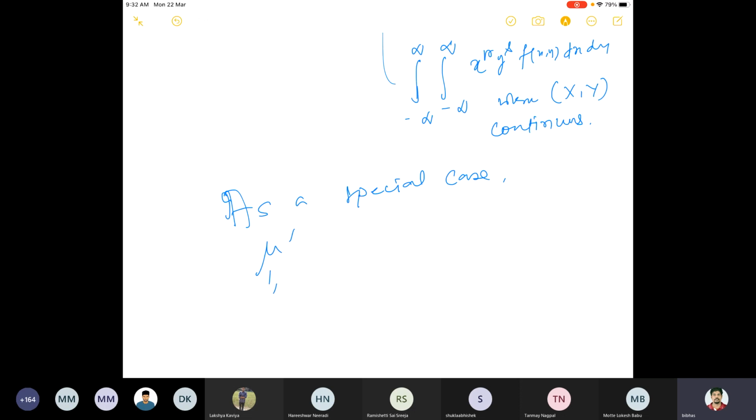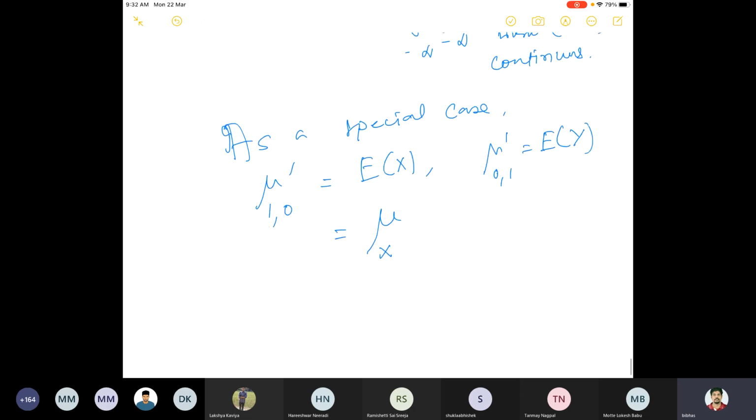Mu dash 1 comma 0 is E of x, and mu dash 0 comma 1 is equal to E of y. We will denote this not as mu but as mu x. So this is the expectation of the random variable x, or the mean of the random variable x, and similarly here it is mu of y. This will be my notation.